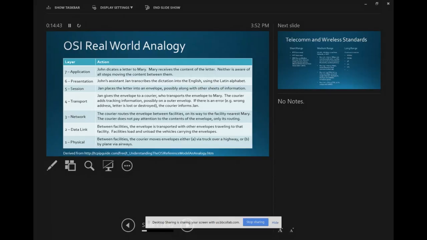The network layer would be, if you've ever sent something with, for example, FedEx or even the post office, if you bought tracking information, from here it has to go to the Little Rock Distribution Center, from there to Memphis, from there to wherever John or Mary are. So that's the network layer.